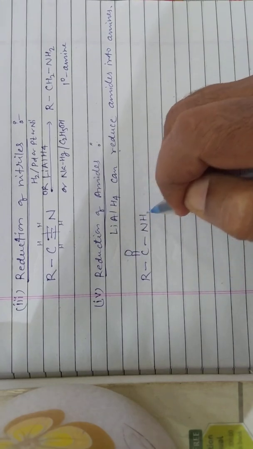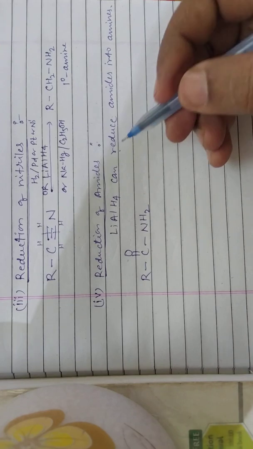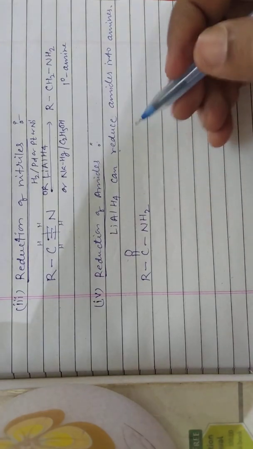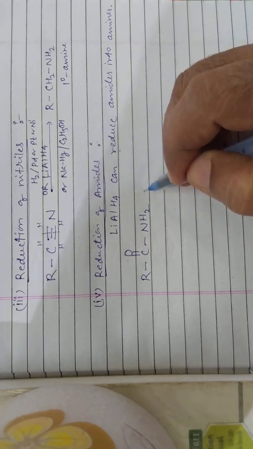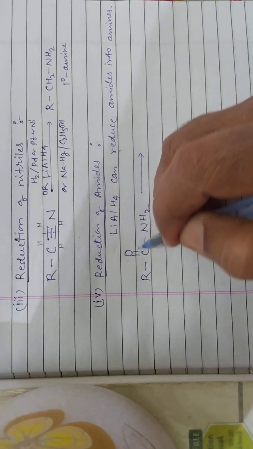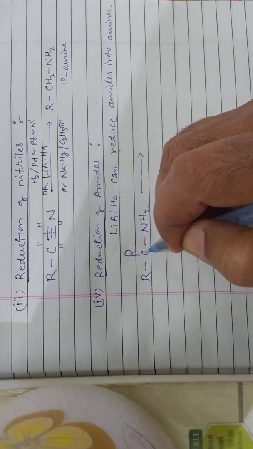RCONH2. This is amide, and here you see the 2 valency of oxygen satisfies the 2 valency of carbon.